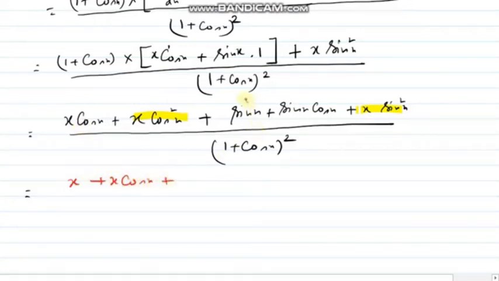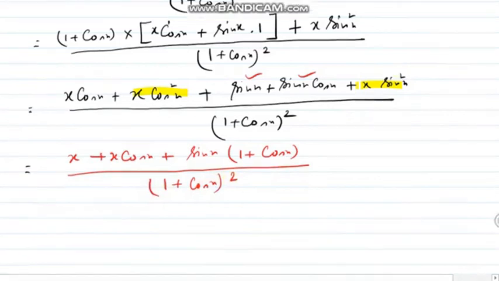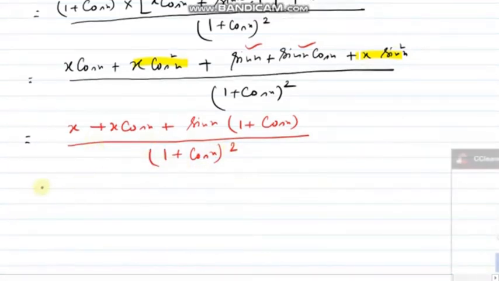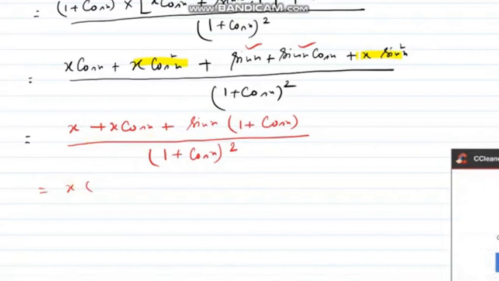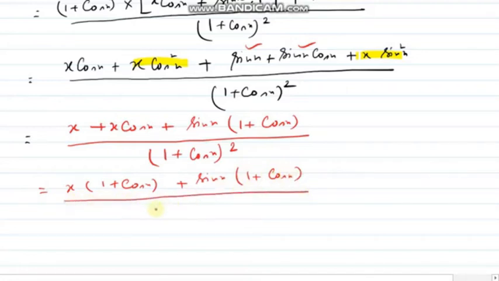Now what I can take common from the rest is sin x, right? So if I take sin x common, it will be 1 plus cos x, divided by 1 plus cos x whole square. From the first two terms, I can take x common, so it will be x into 1 plus cos x plus sin x into 1 plus cos x, divided by 1 plus cos x whole square.